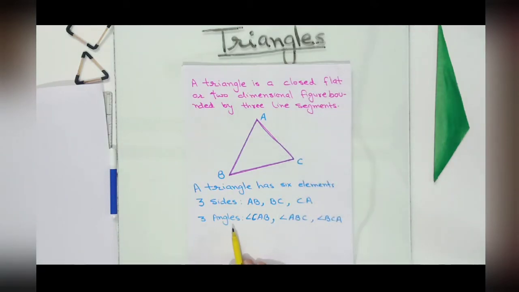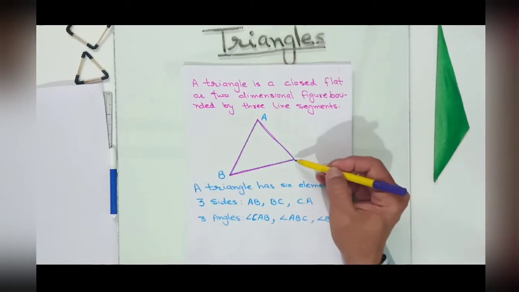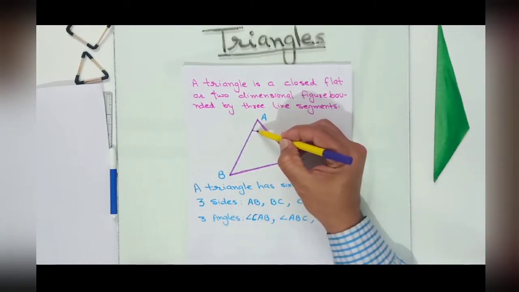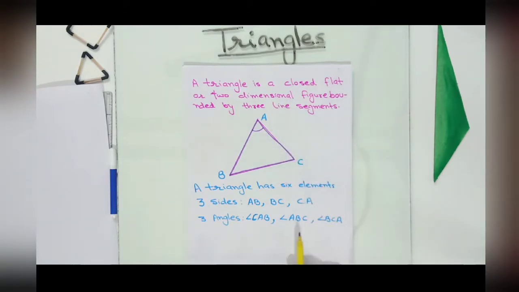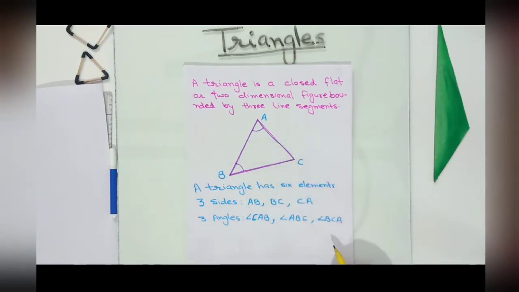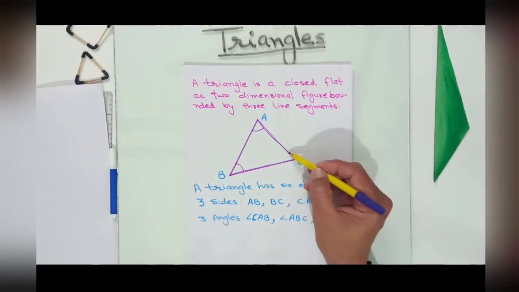and 3 angles, angle CAB. So you can observe angle CAB. So this angle is one of the angles. Second is angle ABC, so we can mark ABC like this, and angle BCA, this one.